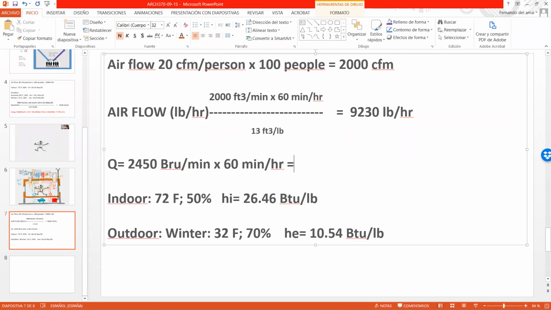So if you multiply 2,450 times 60, the result is around 147,000 BTU per hour.